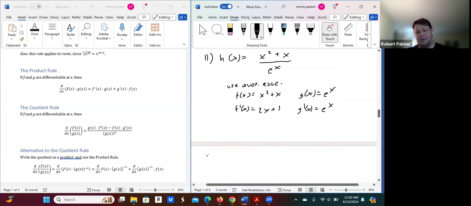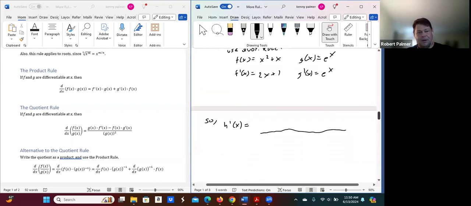And so h prime of x, okay, once again, we have this big fraction. Now, the denominator is g of x, or my denominator squared, so e to the x squared. Okay, then we have g of x up top, first term g of x times f prime of x.